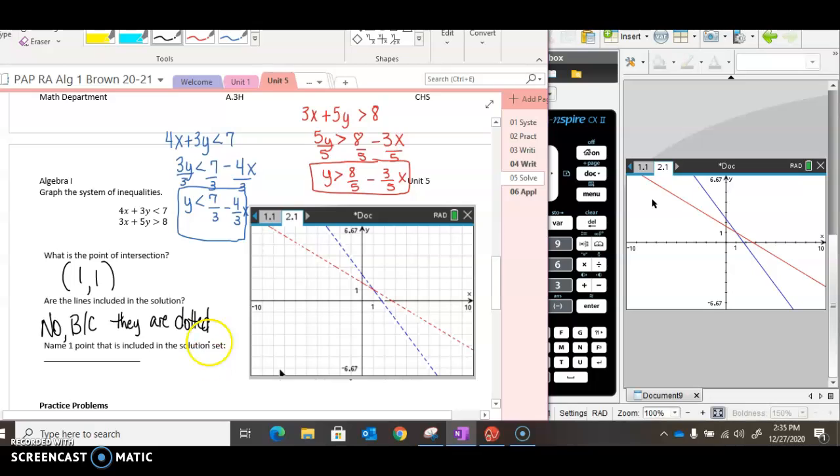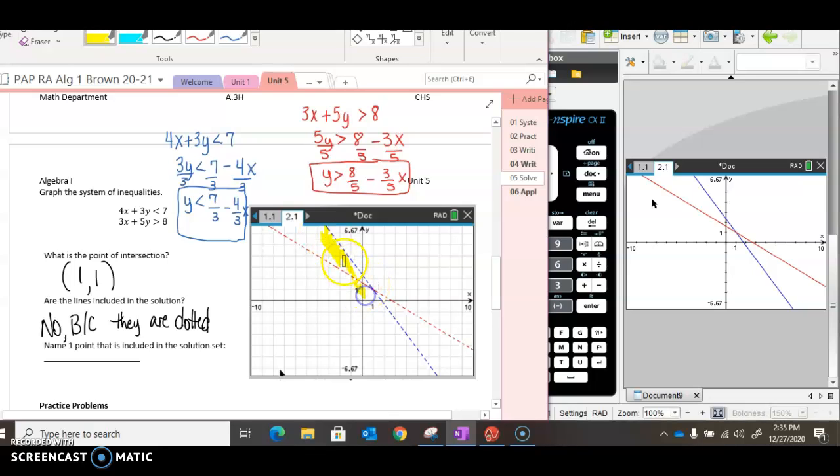All right. So if I were graphing these, this is y is less than 7 over 3. So 7 over 3 is my y-intercept. It's less than, so that means I am shading below this.